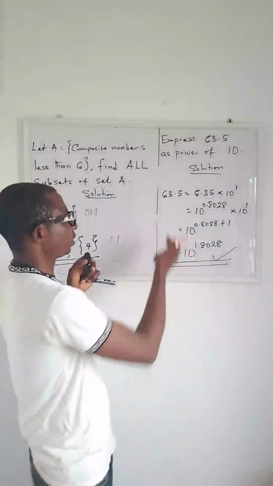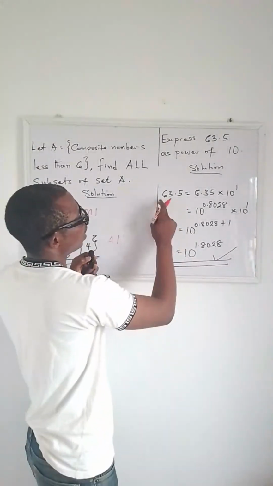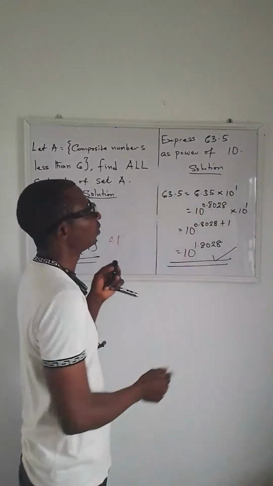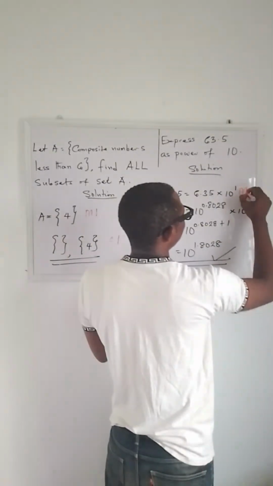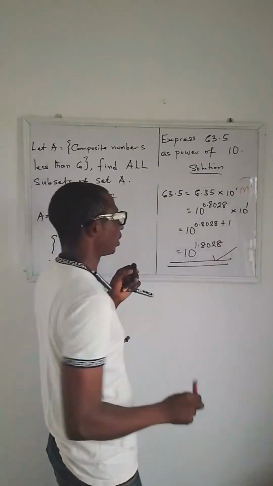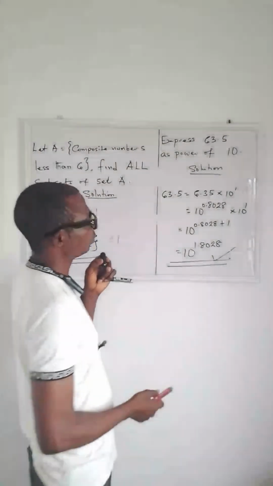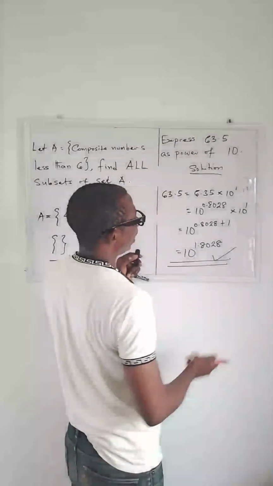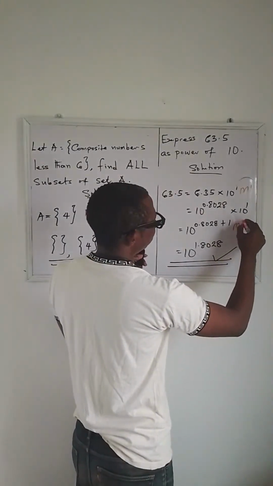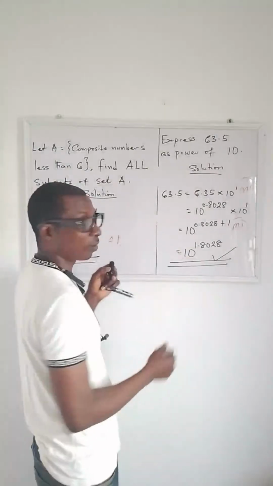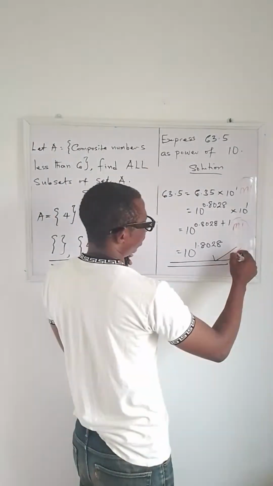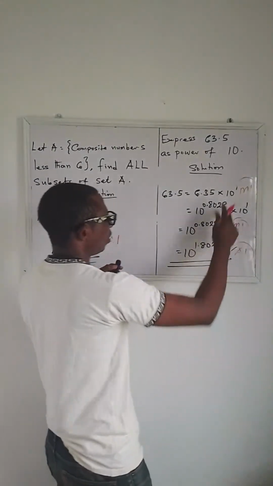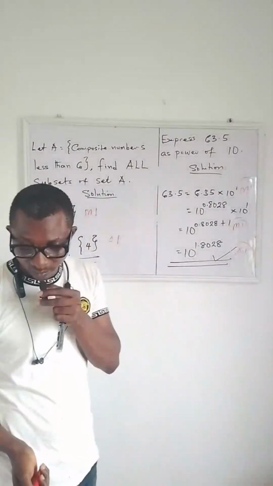Now for this one, you have expressed this number in standard form. There is a method mark for that, M1. For applying the law of indices, adding these powers together, you have M1. And for getting the correct answer, you have A1. All together we have 5 marks.